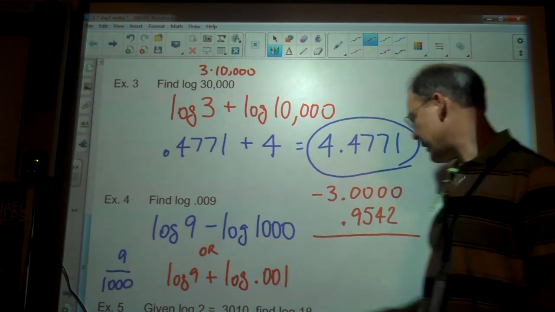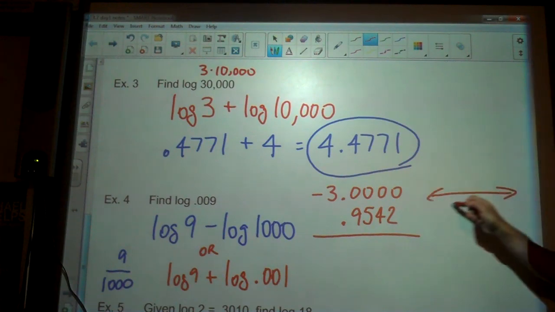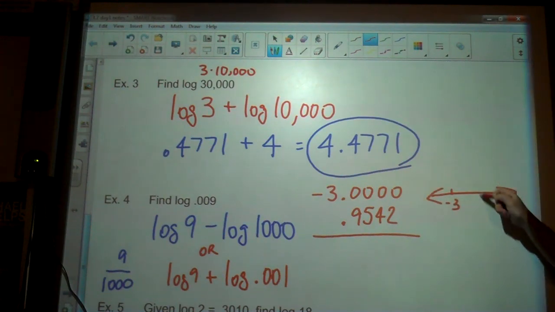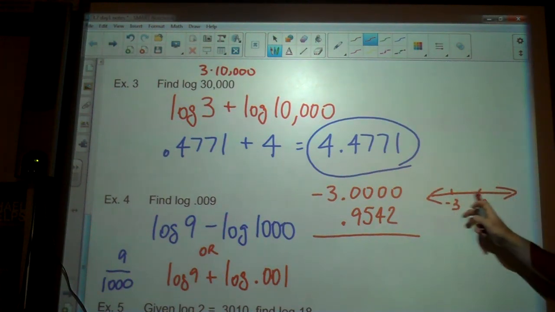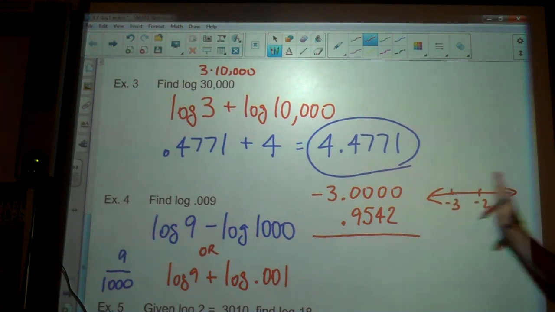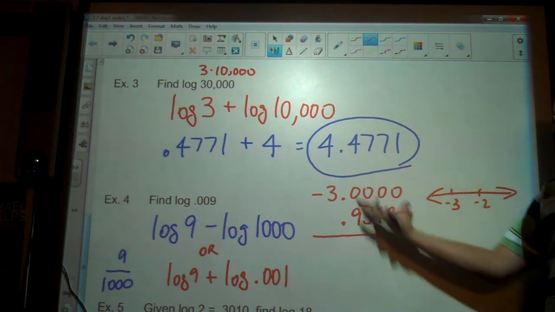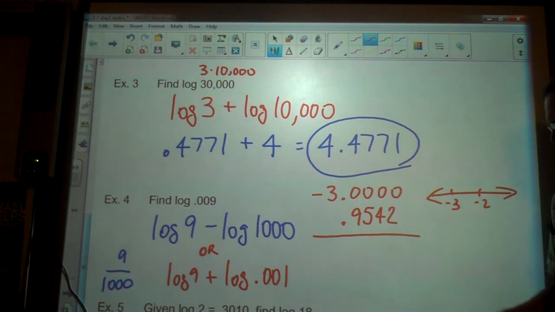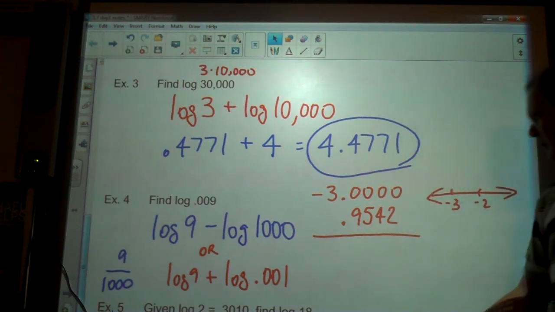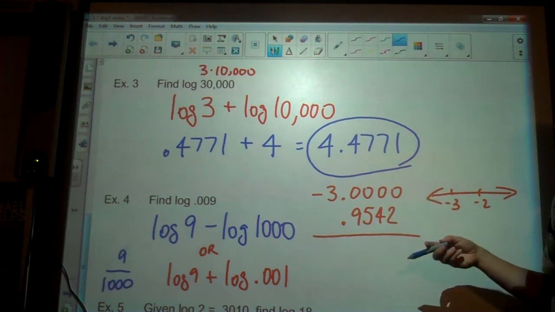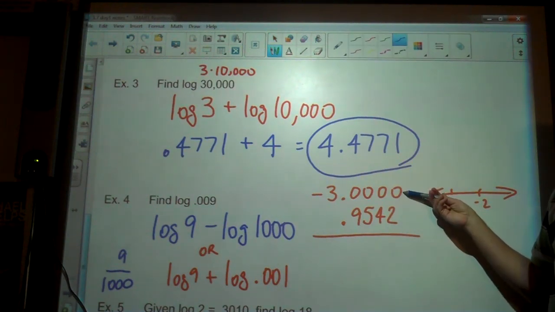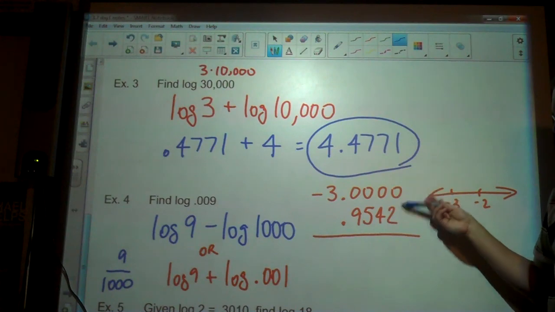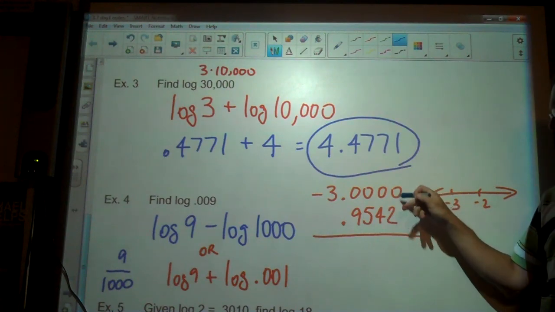If you think about your number line, it's going to be between -2 and -3. I'm adding. Okay, so when I combine these, I should be thinking subtraction. So if I've got 0 here, 0 minus 2, I need to borrow to make that a 10.